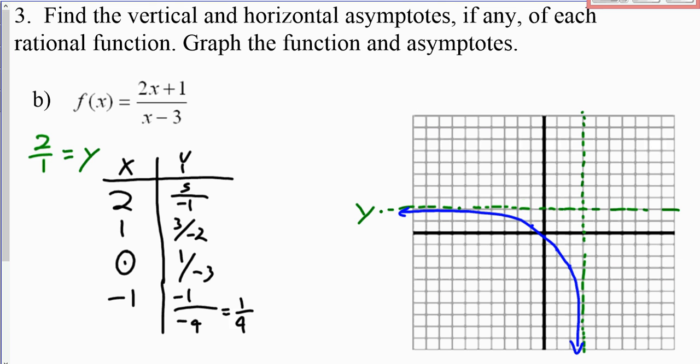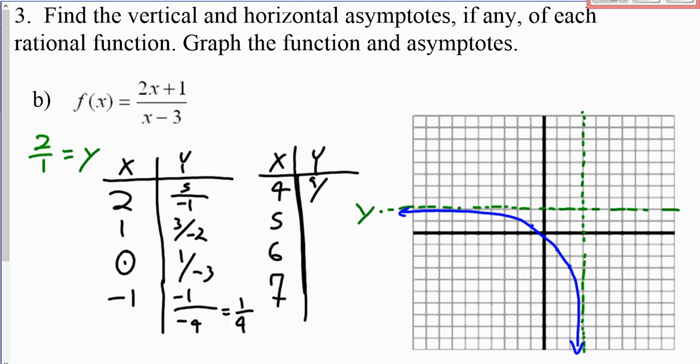And now to test the points to the right of my asymptote, at 4, 5, 6, 7, I get x and y. At x equals 4, I get 9 over 1. At 5, I get 11 over 2. At 6, I get 13 over 3.